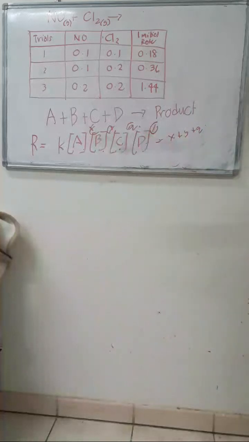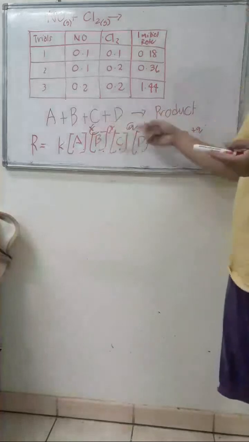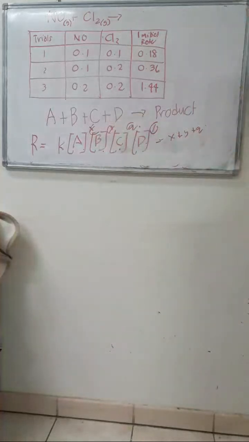But X, Y, Q, and L will be numbers, because we are not yet sure what particular order that is. That's why we need to designate letters. Any questions so far?